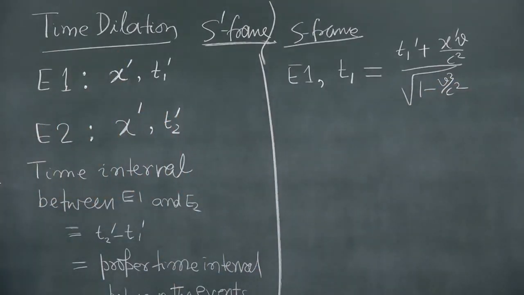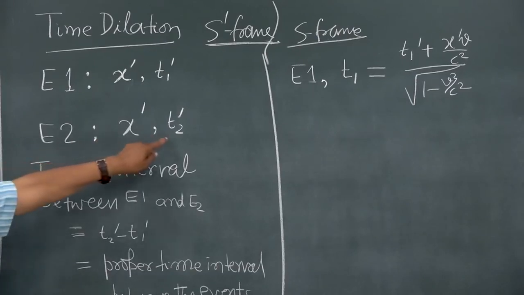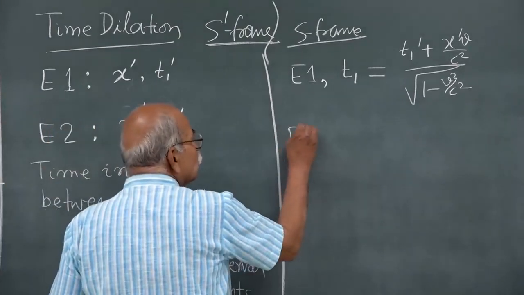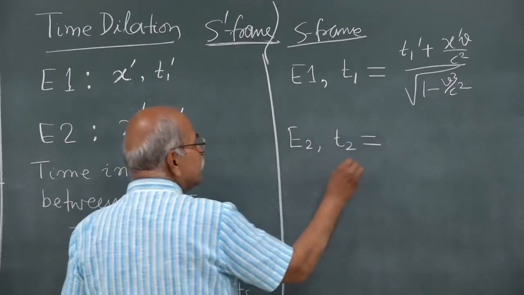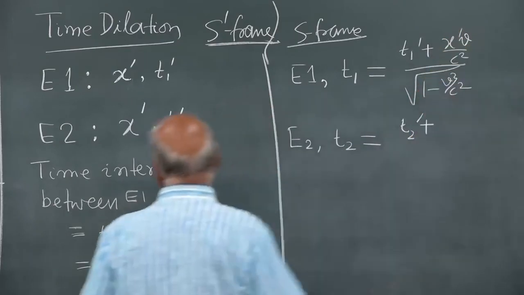And then the second event. For the second event, what is the time? When did it occur, as seen from the S frame? Here it is T2 prime, and in the S frame that time will be T2. T2 will be similarly T2 prime plus x prime.